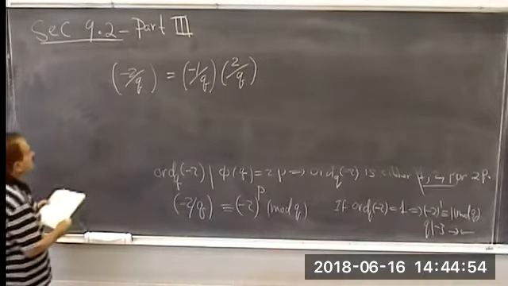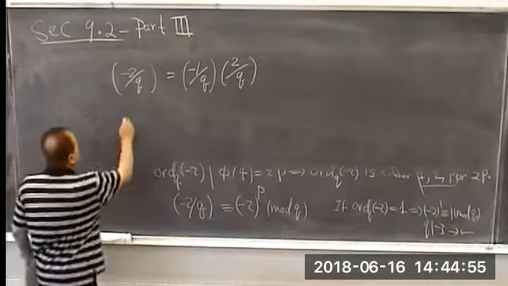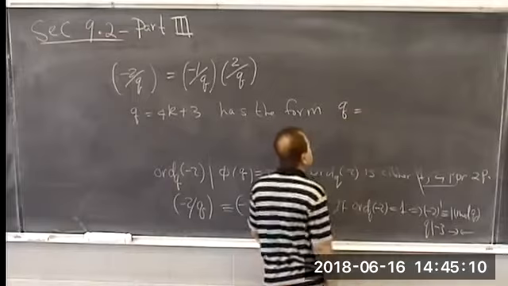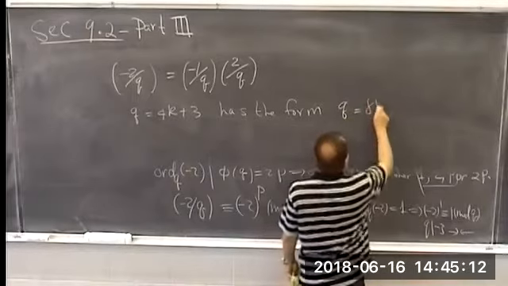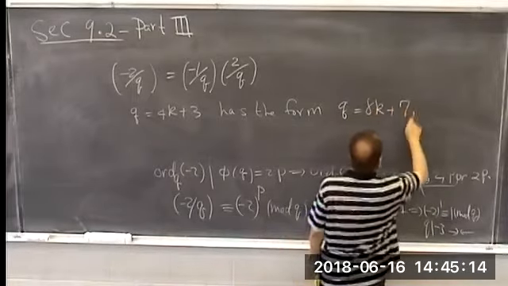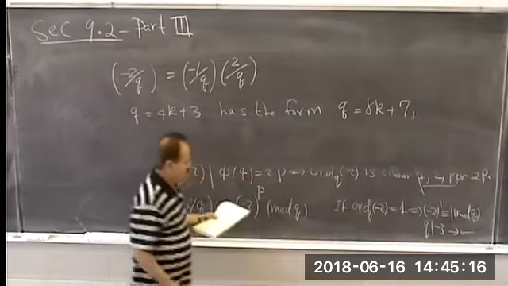Now again, since q is of this form, it has the form 8k plus 7.